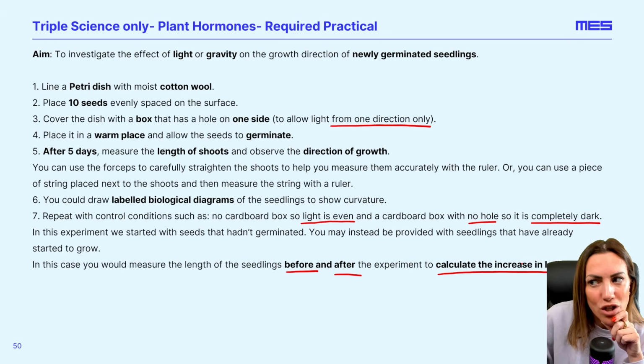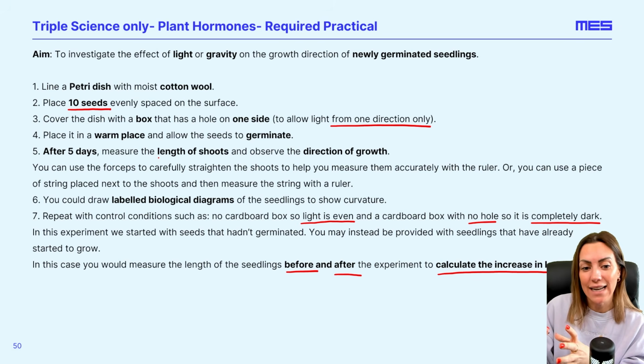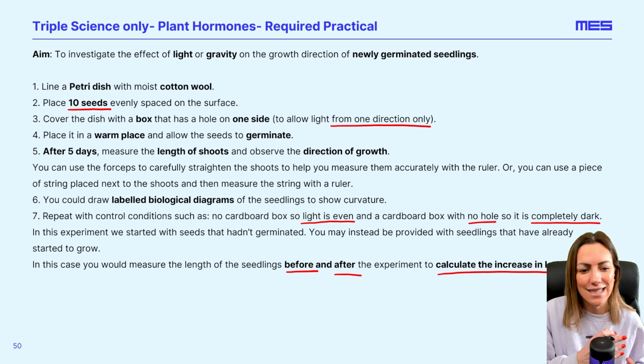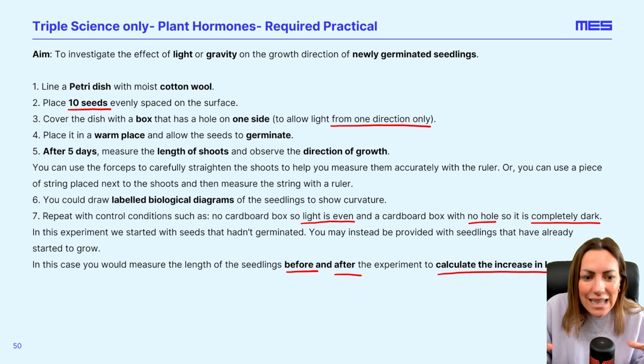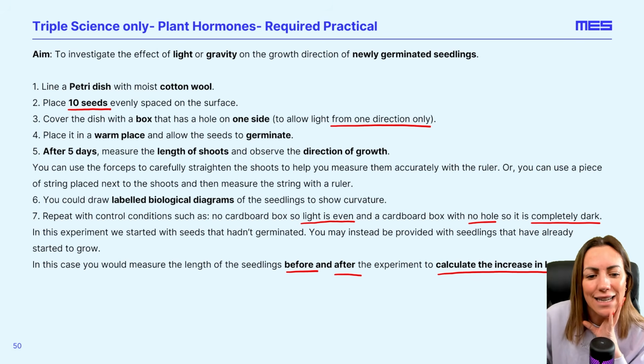Because remember, you would not just have one seedling in each condition, you want as many seedlings as possible so that you've got multiple repeats. So we had 10 seeds on the surface of the cotton wool in the Petri dish. You could do 10 seeds in light from one direction, 10 seeds in total darkness, 10 seeds in even light, measure the length of the seedlings before and after, and work out the mean, the average increase in length in each of those three conditions.